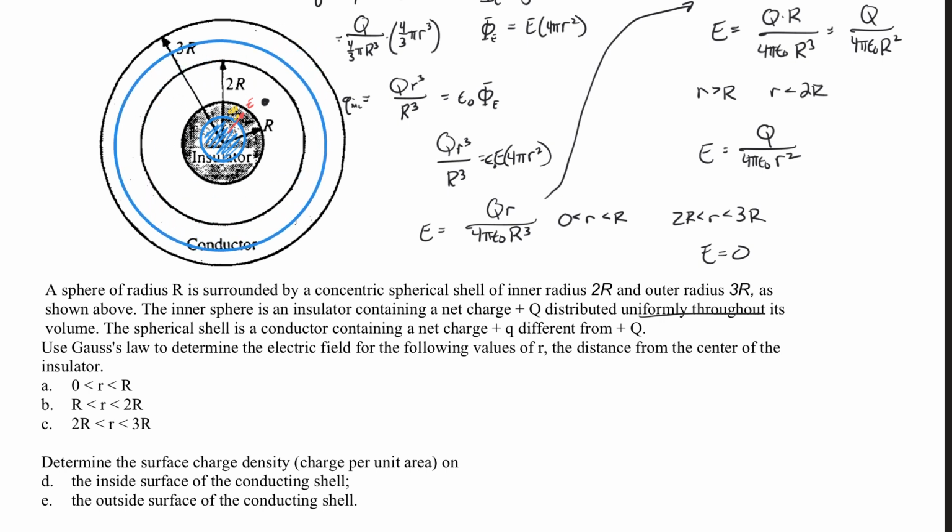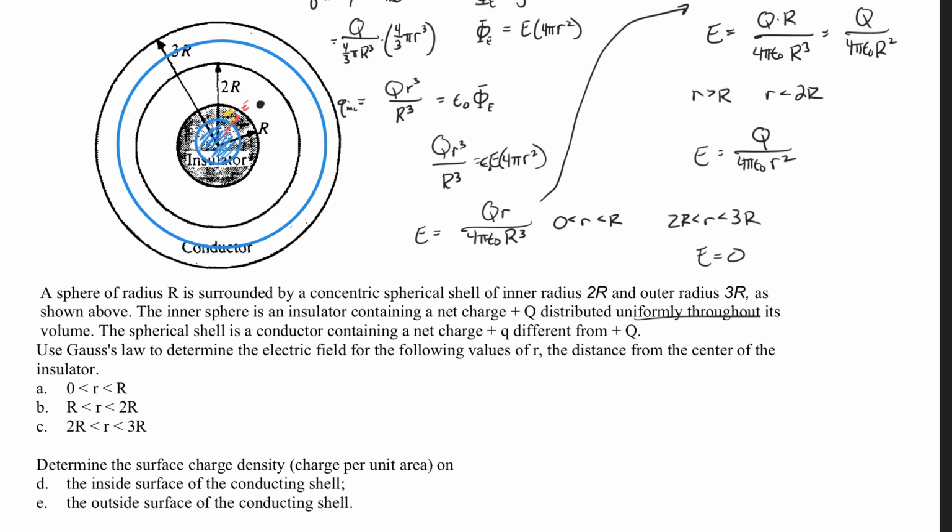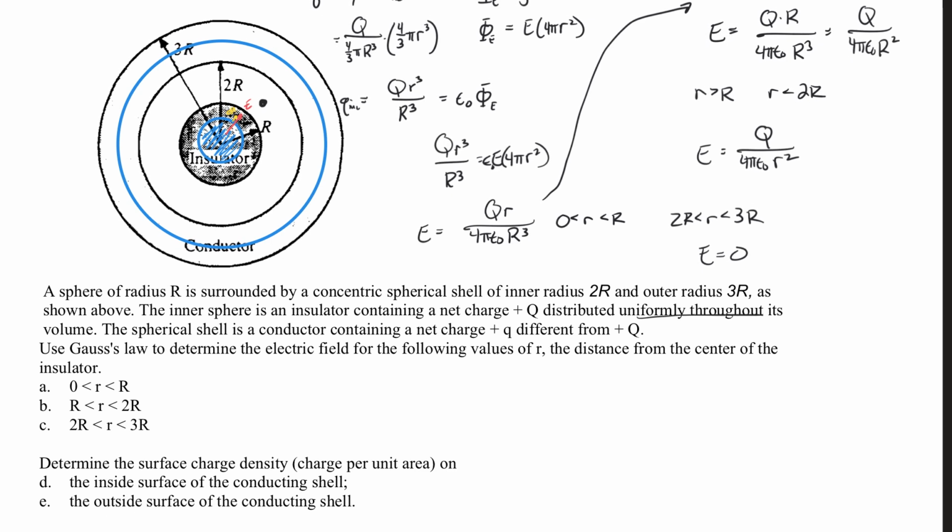glad you asked. Consider this Gaussian surface. If I can select just there, I'll just try and get it centered. There we go. That'll do. So if we consider that Gaussian surface, which is located right now inside the conductor, because the conductor has an electric field of 0 always, that means inside this sphere, which I didn't color very well, so let me try a better job so we know what we're talking about here.